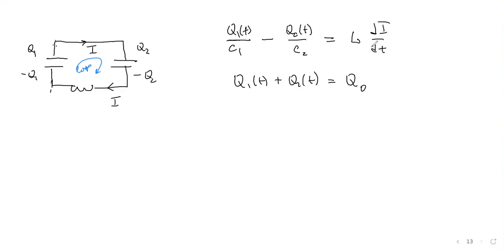And then we need the connection between the current and Q1 and Q2. So maybe we can say that the current will be equal to minus dQ1 over dt. If I think about Q1, Q1 is decreasing, then you have positive current. Or positive dQ2 over dt.